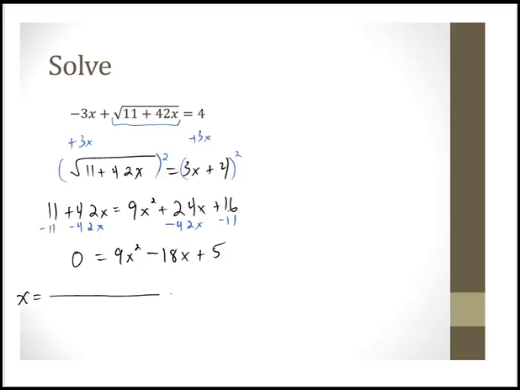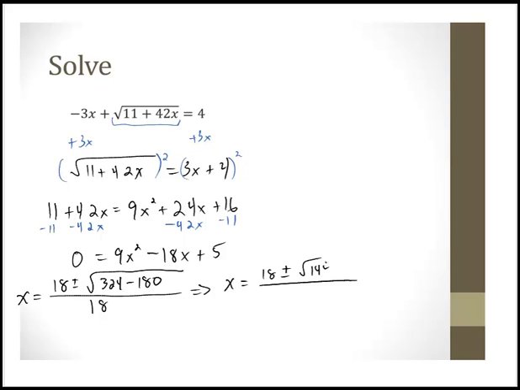X is equal to 18 plus or minus the square root of, let's see, 18 squared is 324, minus 4 times 9 times 5 is 180, over 2 times 9 is 18. That's 18 plus or minus, 324 minus 180 is 144.